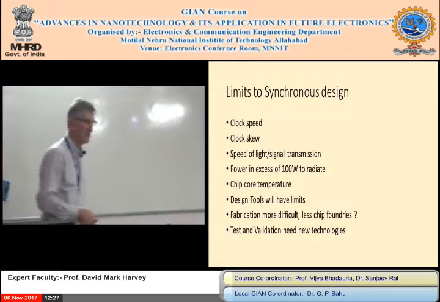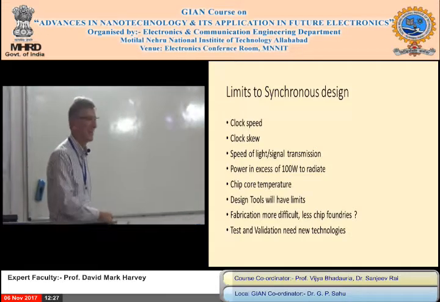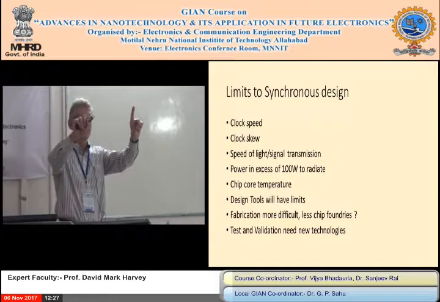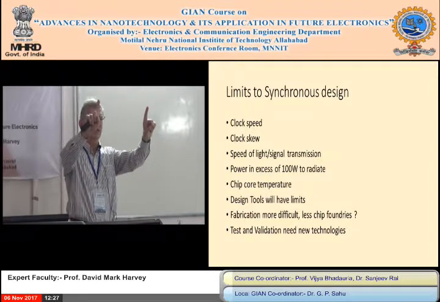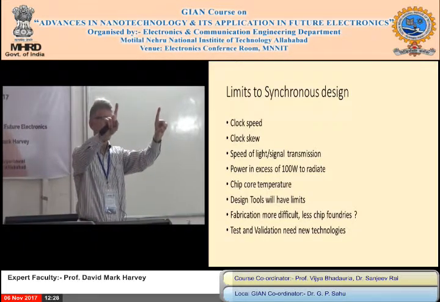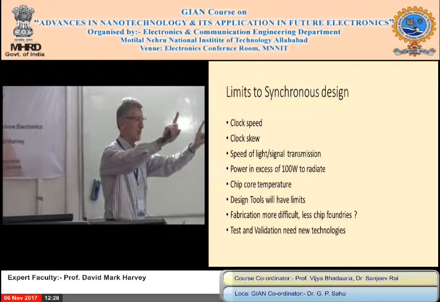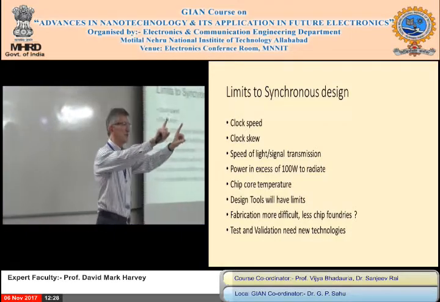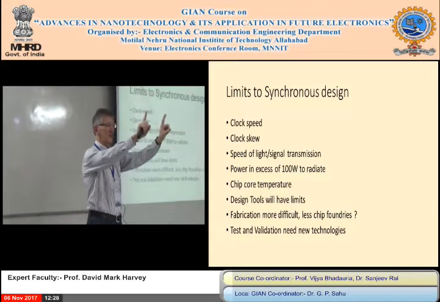Speed of light, there you go, how fast is that? How long does it take for light to go that far? Any idea? That's supposed to be 30 centimeters. Do you know how far that is? Yes, this is 30 centimeters. Right.